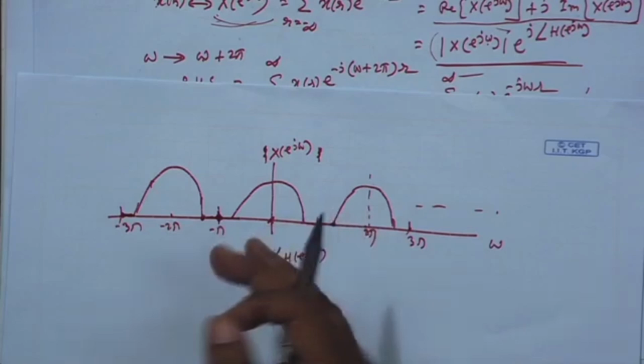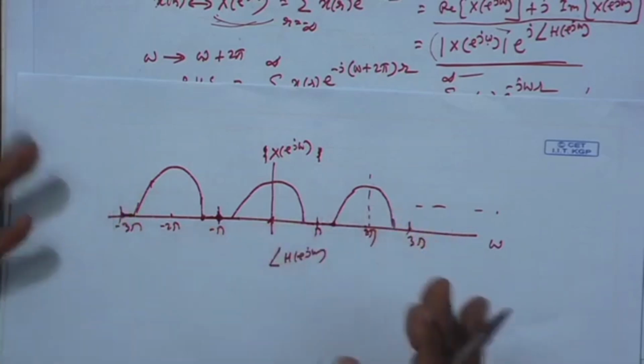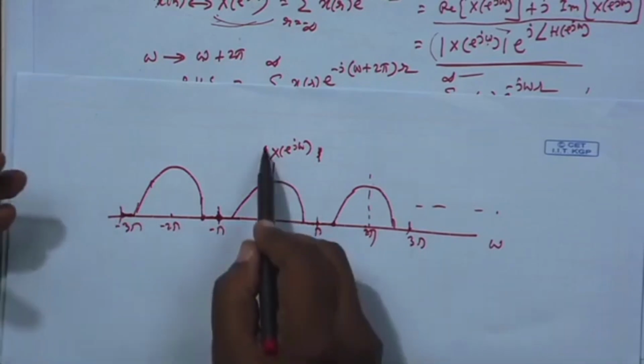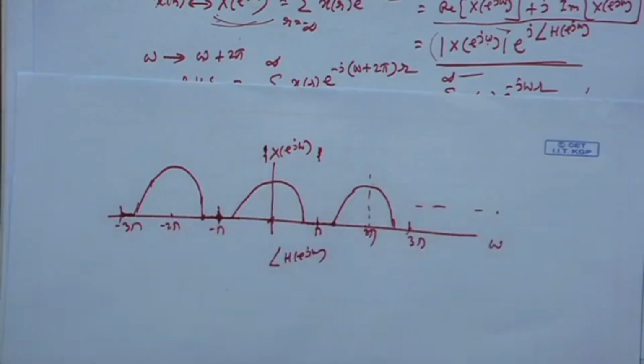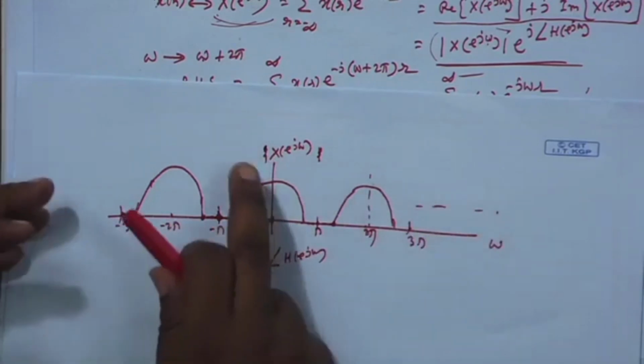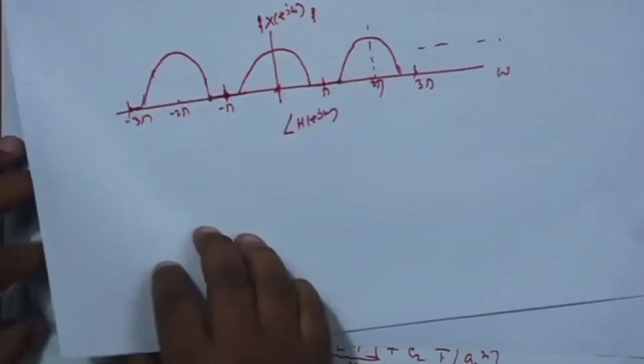But nevertheless, this does not matter, because my point here is to show that it is periodic in omega. So, for that I just plot capital X e to the power j omega right here, okay, because the argument is clear. The same logic, if I write magnitude here and phase here, same logic will be right there. All right. So, that is one property, important property.